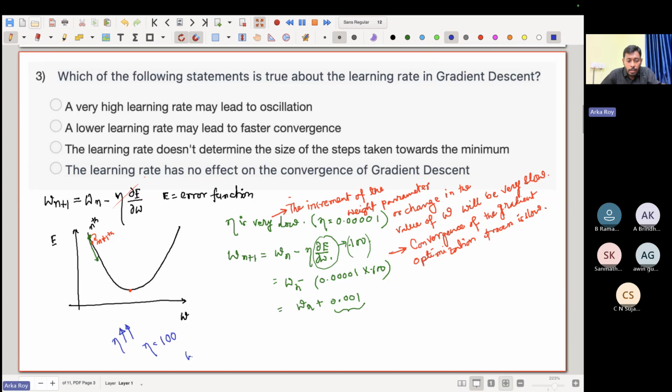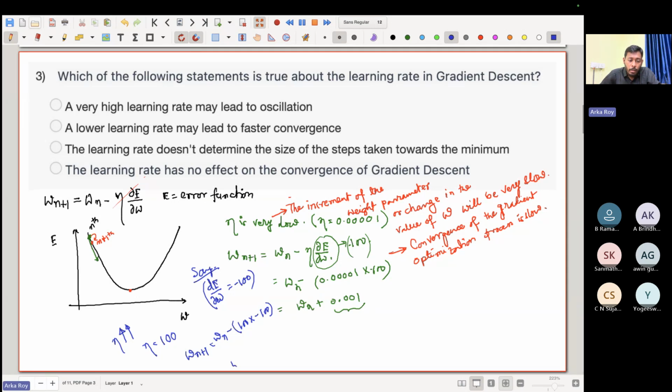So now you can see that your equation will be Wn plus 1 equals Wn minus 100 multiplied with minus 100. We considered that del E by del W is equal to minus 100.